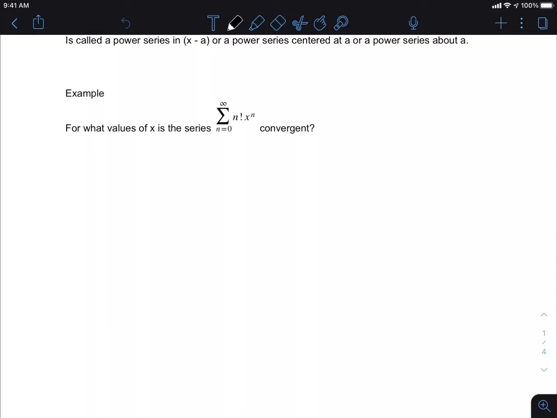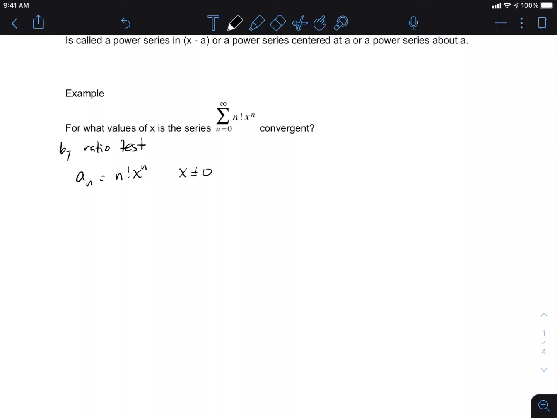By the ratio test, I'll write that down so you know it, a sub n is equal to n factorial x to the n. And we're going to use it for when x isn't 0, because if x was 0, this thing would obviously be convergent at 0.